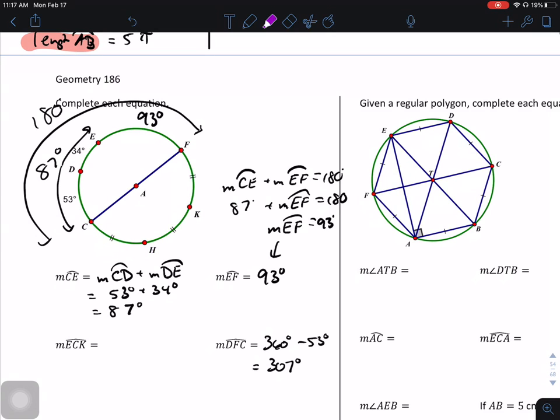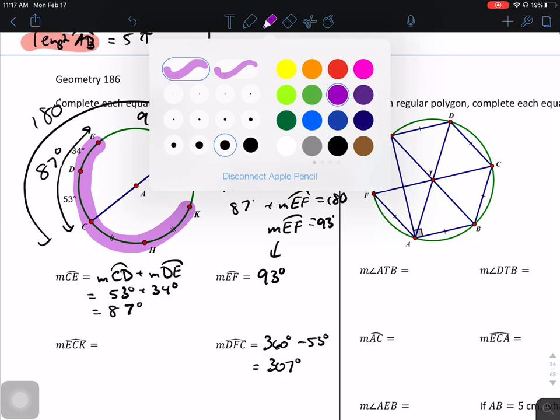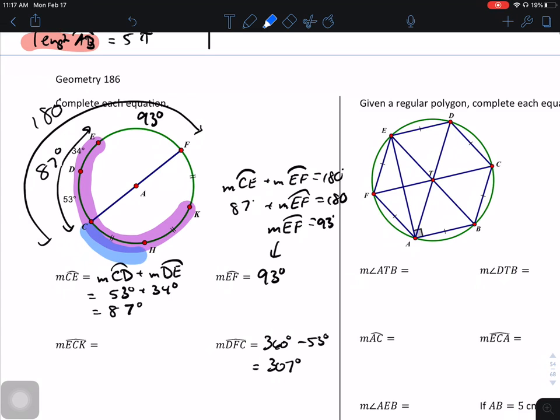So let's go back to this last question that I skipped, ECK, which is this right here. If you notice, this is a semicircle, this blue part, which is 180 degrees, and it's broken into 3 equal parts because there's 2 dashes on each of these. 180 divided by 3 is 60. So that makes this 60 degrees, and this 60 degrees, and this 60 degrees.